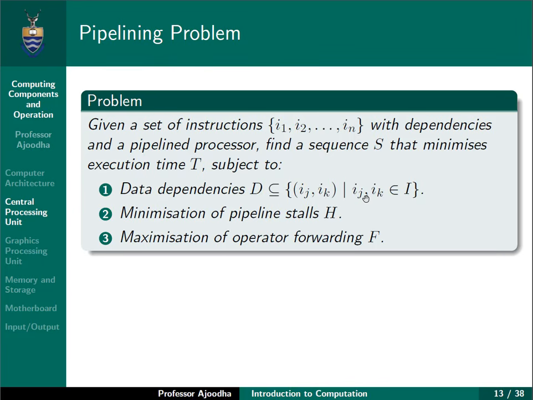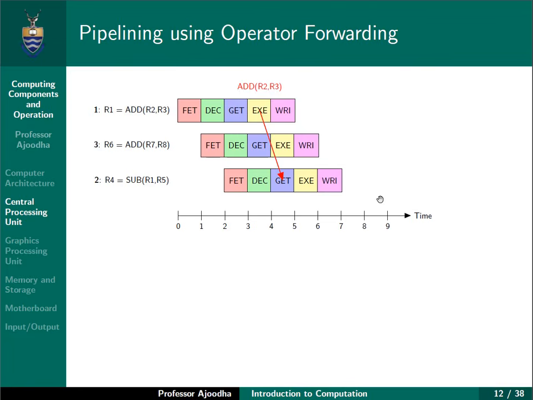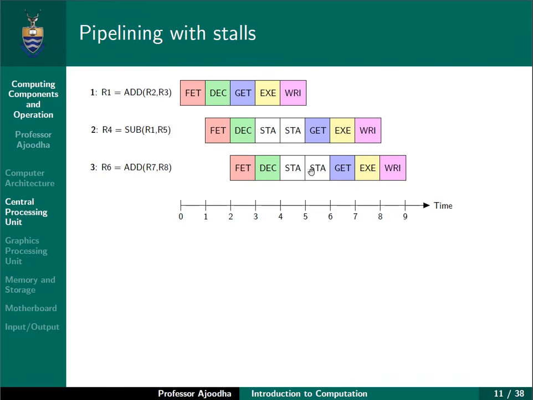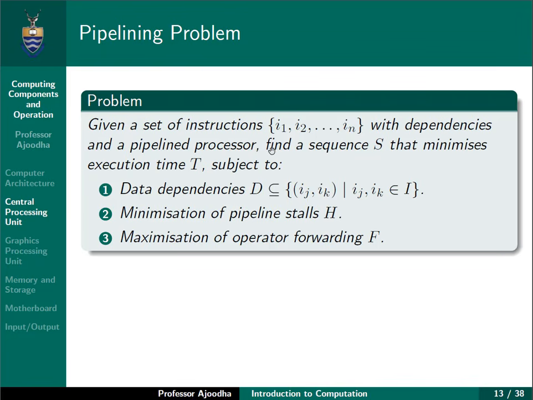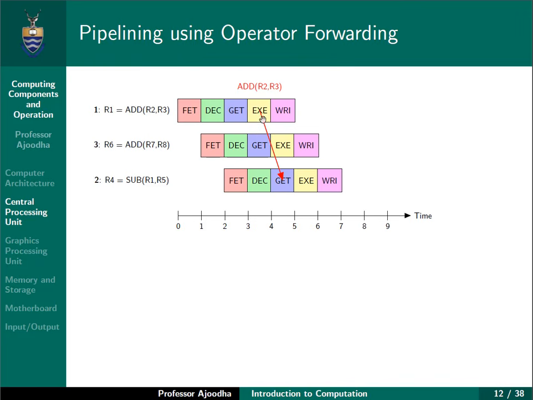We also want to minimize pipeline stalls. These are the white stalls over here. We don't want lots of those because they delay the overall process. And we also want to maximize operand forwarding. When an answer needs to be passed across, it doesn't cost us much to do that. We just pass it across, so we don't have to write back.